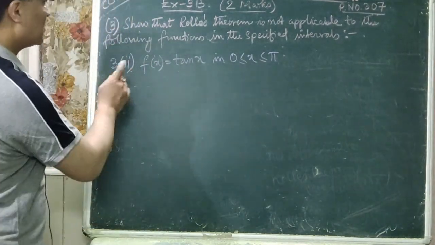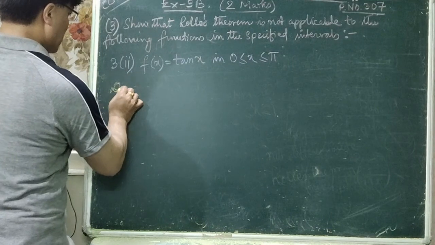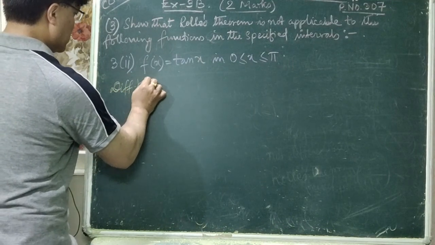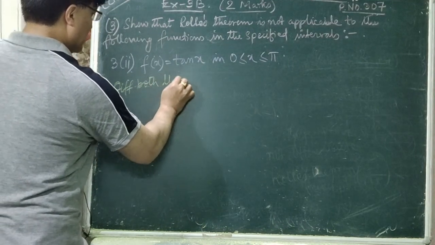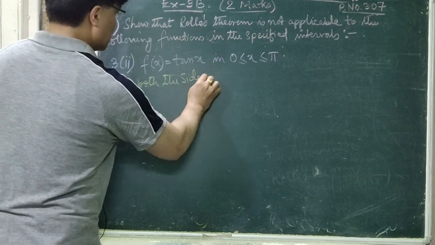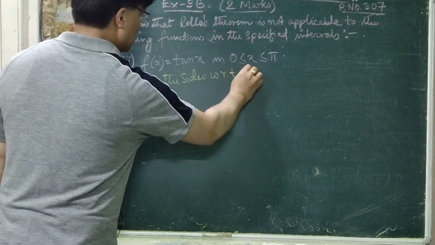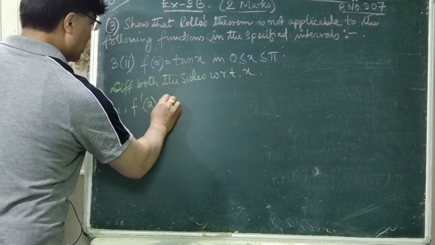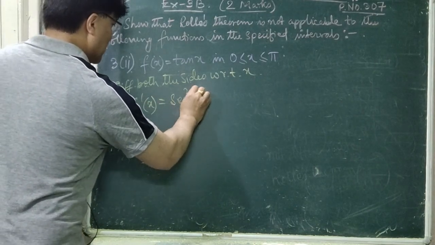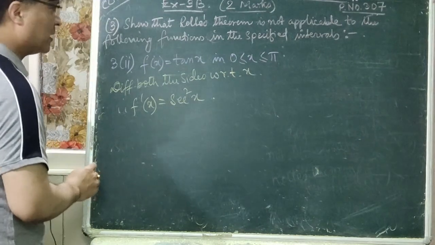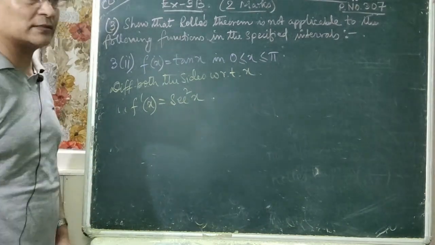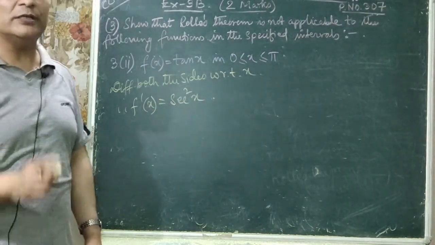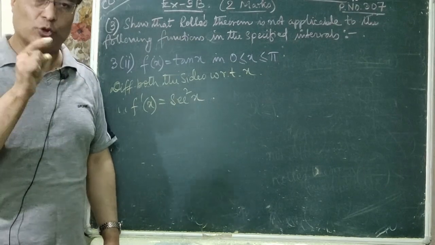Okay. Now let us first differentiate it. So differentiating both the sides with respect to x, therefore f dash of x is equal to, what is the differentiation of tan x? This is your sec square x, right? But you know that every trigonometric function is continuous in its domain.